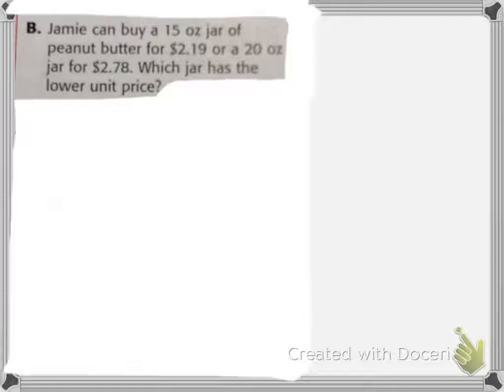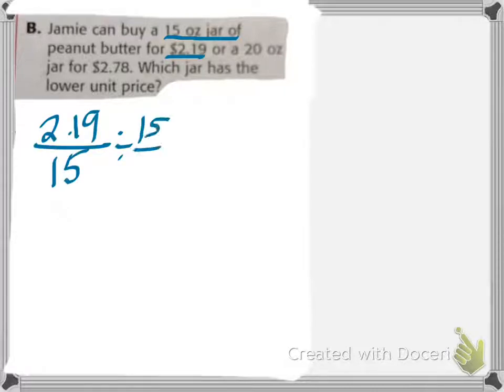Okay, here's another example. Jamie can buy a 15-ounce jar of peanut butter for $2.19 or a 20-ounce jar for $2.78. So 15 ounces for $2.19. When we divide that by 15, we'll get the unit price for 1 ounce of peanut butter.